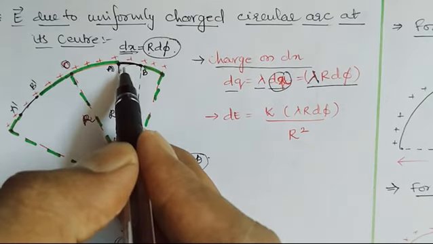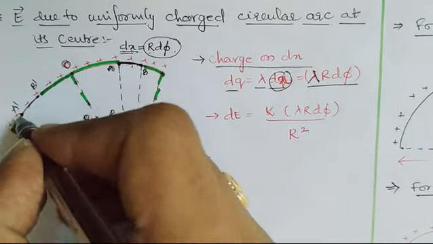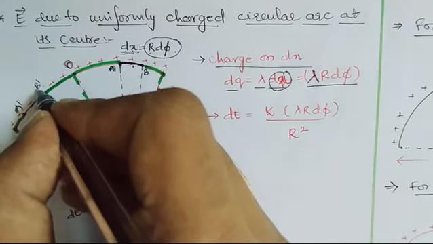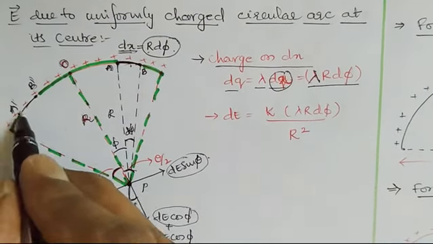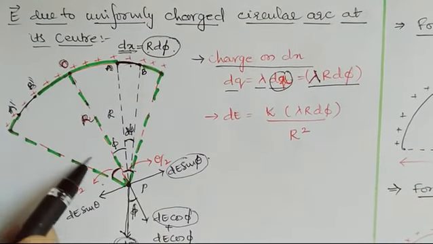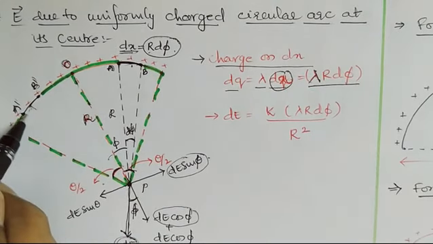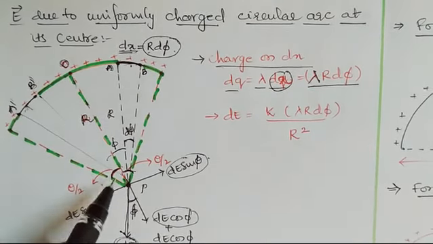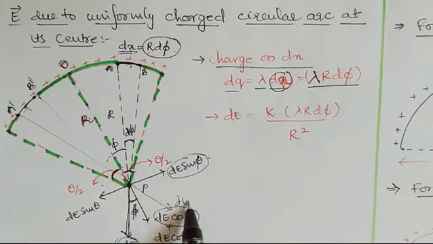If I consider the same arc on this side, that is A dash B dash, then it will also make an angle phi. See here, if I take this one and this one, it will also make an electric field dE.